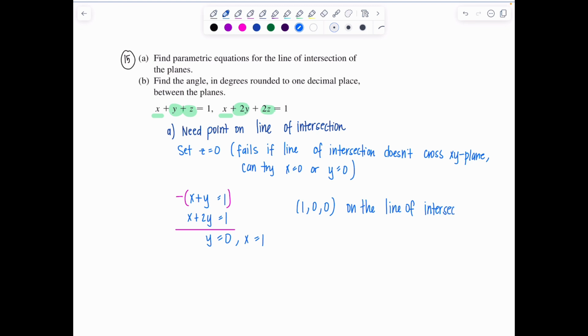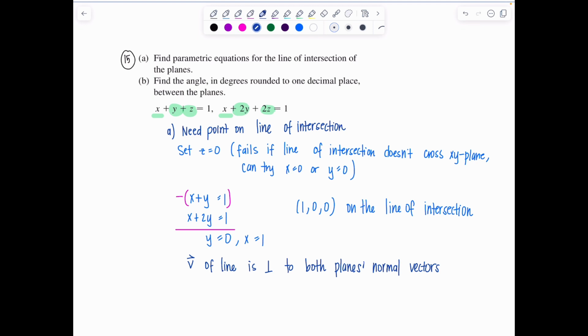Now, to write the equation for this line, I need its direction vector. Well, let's think about something. The direction vector of the line is perpendicular to both planes' normal vectors. Because like I showed in the picture earlier, the line of intersection belongs to each of the planes.